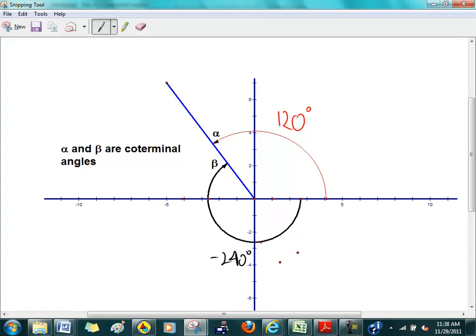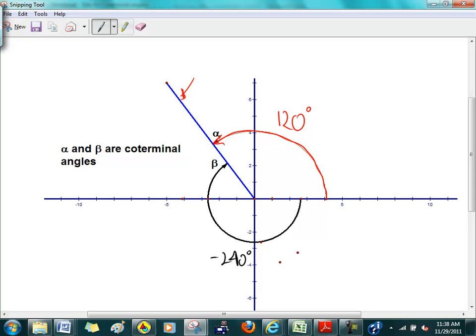Eric, you're not too happy? So remember, if you're measuring angles in the positive direction, that's going to be counterclockwise. So if you go this way here, that's 120 degrees, and this is your terminal side.